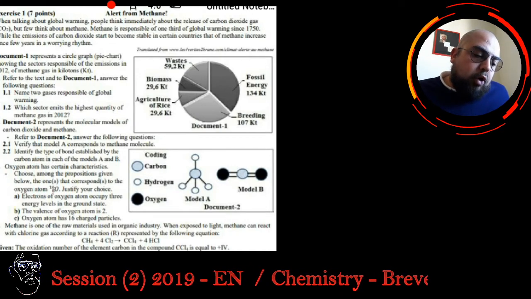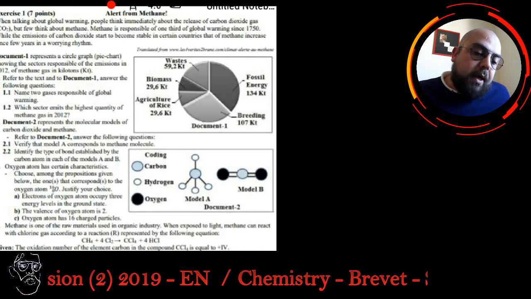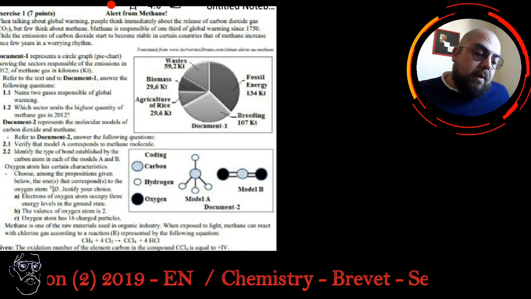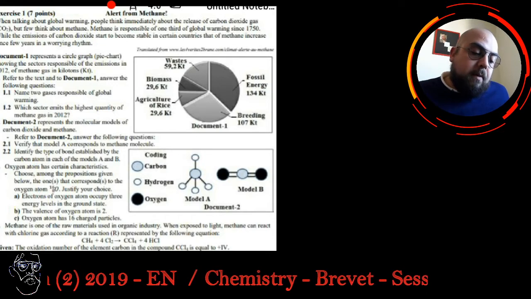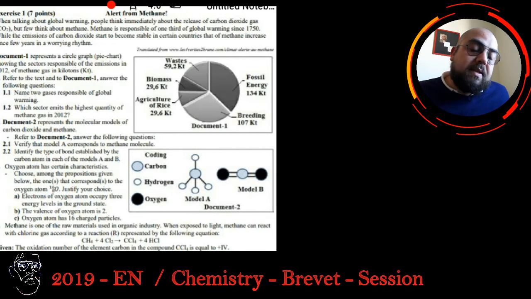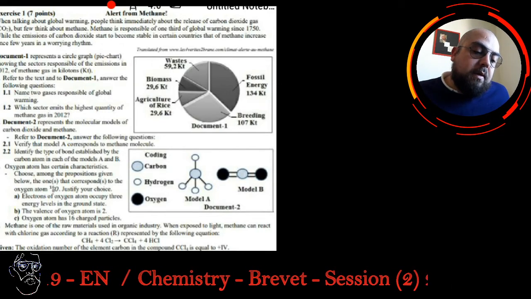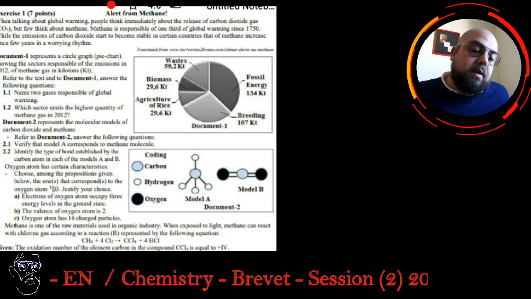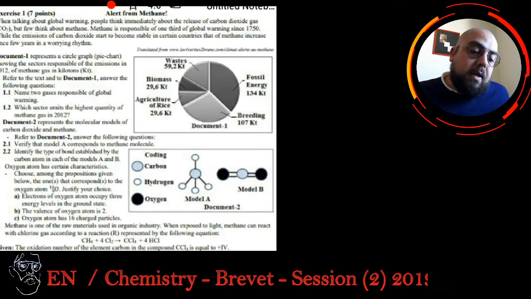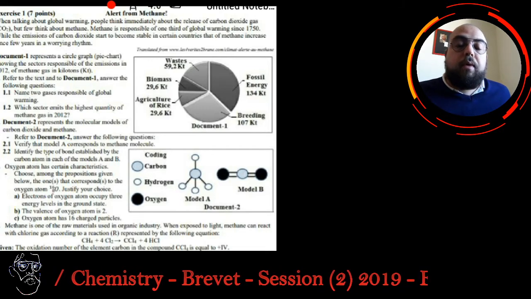When talking about global warming, people think immediately about the release of carbon dioxide gas, CO2, but few think about methane. Methane is responsible for 1/3 of global warming since 1750, while the emissions of carbon dioxide are starting to become stable in certain countries, that of methane has been increasing in recent years at a worrying rhythm.